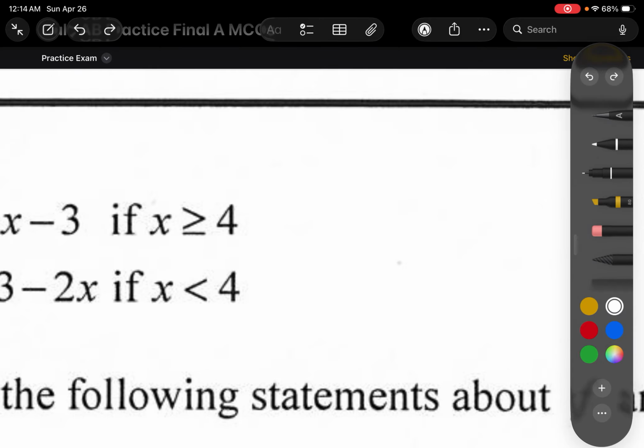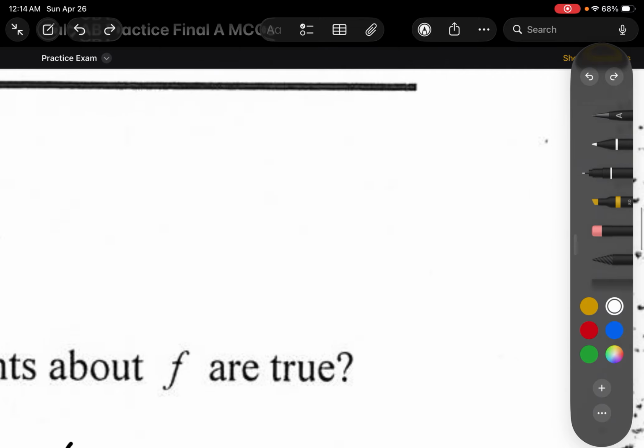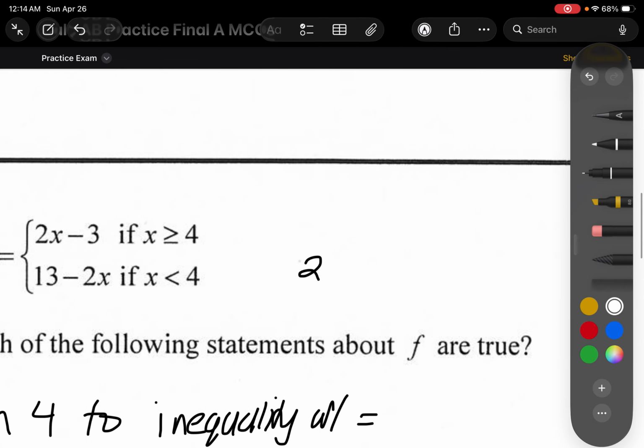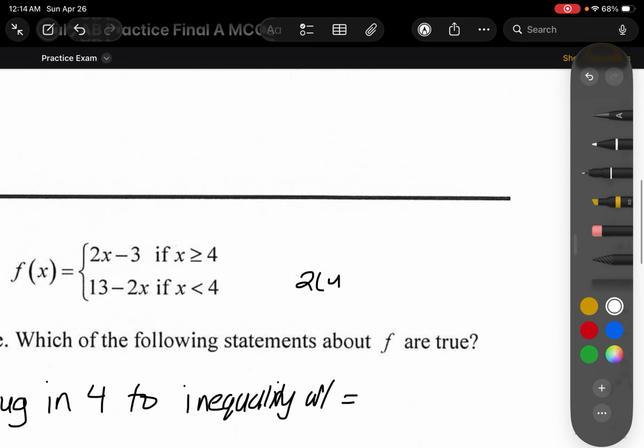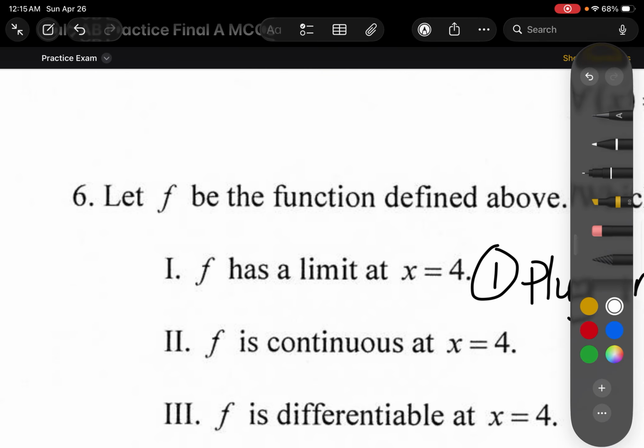So we're going to plug in 4 into that and see if we get a number. So basically, it's going to be 2 times 4 minus 3. It's going to be 8 minus 3, which is 5. 5 is a number, so condition 1 is true.